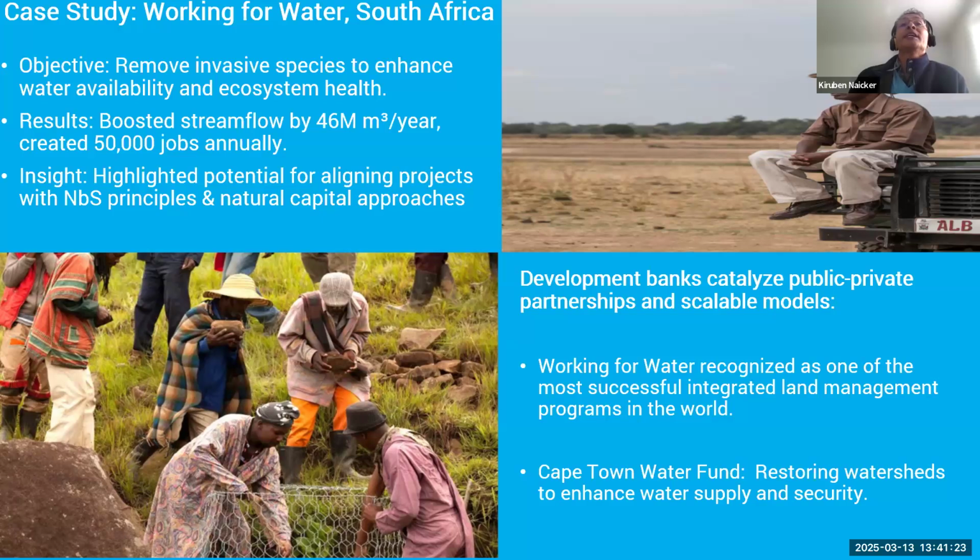Insights highlight the potential for aligning projects with nature-based solutions, principles, and natural capital approaches. Again, the Working for Water program of work is recognized as one of the most successful integrated land management programs in the world. There's also the Cape Town Water Fund, restoring watersheds to enhance water supply and security.